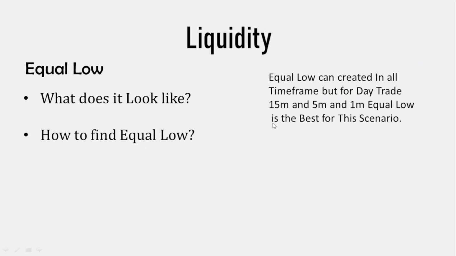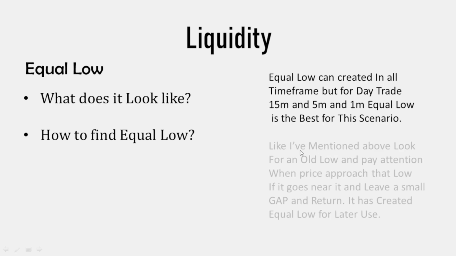How to find these? Similar to equal high, equal low can be created in all time frames. But for day trading, meaning you trade in a day period, 15-minute, 5-minute, and 1-minute equal lows are best for this scenario, because it's faster than, let's say, a 4-hour equal low. That's going to take maybe weeks to be able to get an entry.